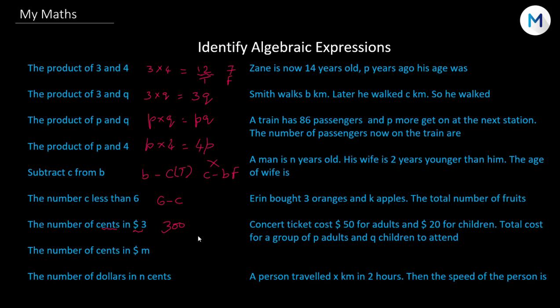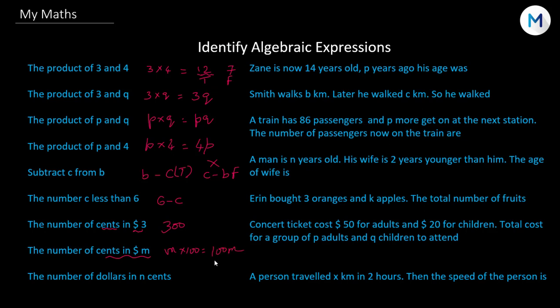If we don't know that, the answer is not there. Similarly, the number of cents in M dollars. If M is the variable, we get M times 100, which we write as 100M.